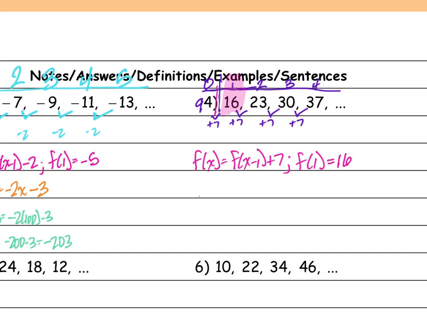Then I have my explicit equation, which is f of x equals 7x plus 9. And then I want to find f of 100. f of 100 equals 7 times 100 plus 9, which is 700 plus 9, or 709.